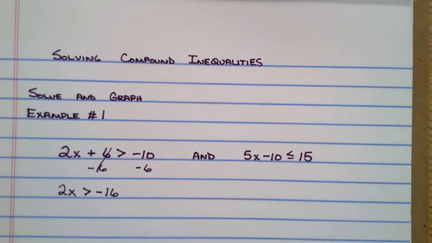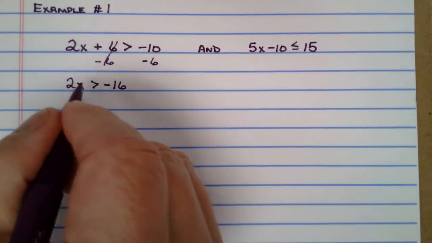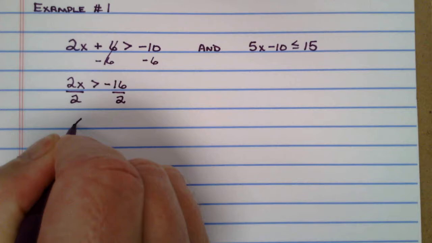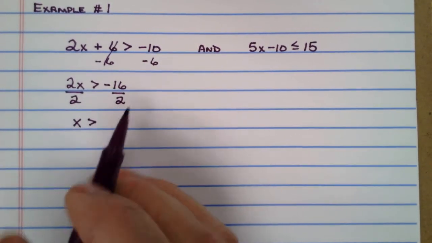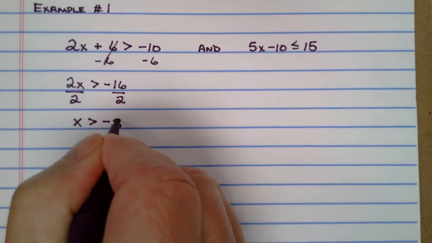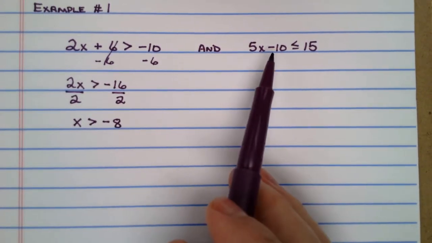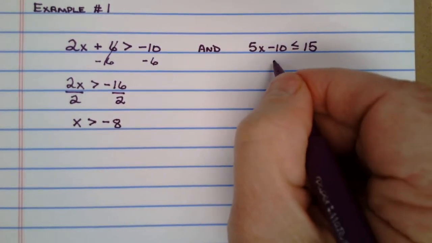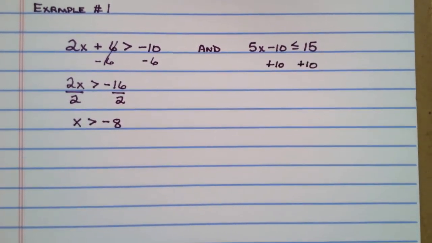I need to eliminate the 2. That means I need to divide both sides by 2. X is greater than negative 16 divided by 2, which is negative 8. Now that I have this one solved, I need to come over here and solve this inequality. I need to do my adding and subtracting first. Add 10 to both sides.